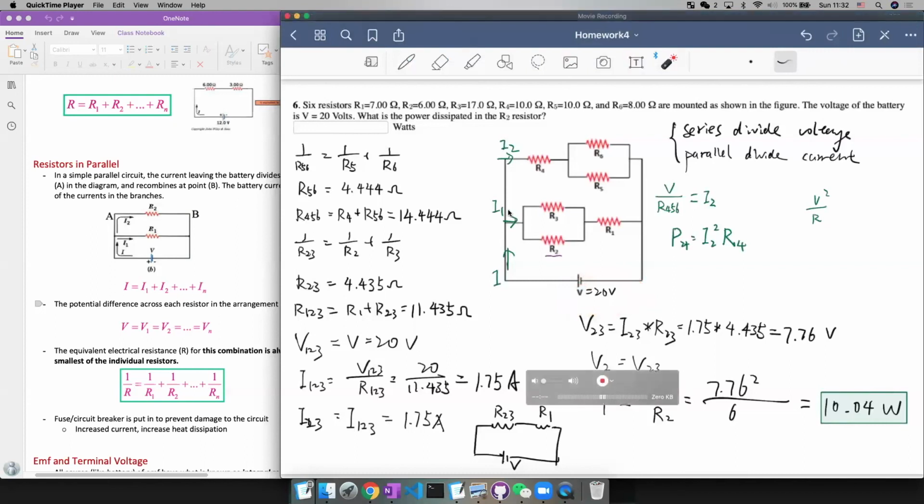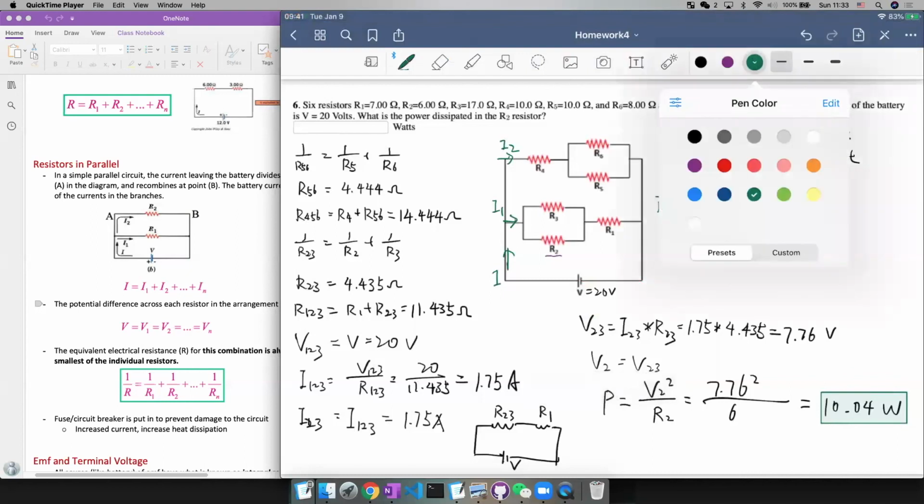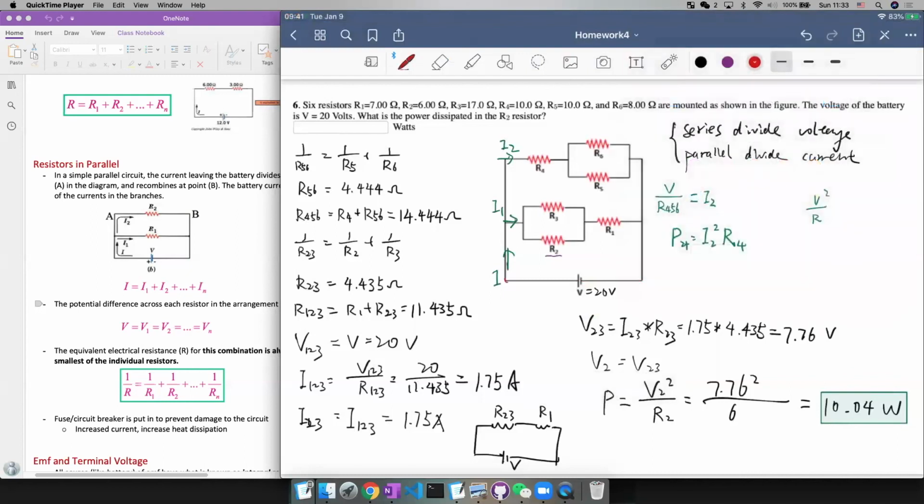Yeah, that's a problem. Here we say the series divides the voltage, right? So they are in series. So the voltage between these two points is different from the voltage between these two points. But isn't it technically, because I was told that if you divide the voltage and mark one side as 20 and the other side as 0, all of those in parallel should have the same voltage. Yeah, that's right. Here we have 20. Here we have 0, right?